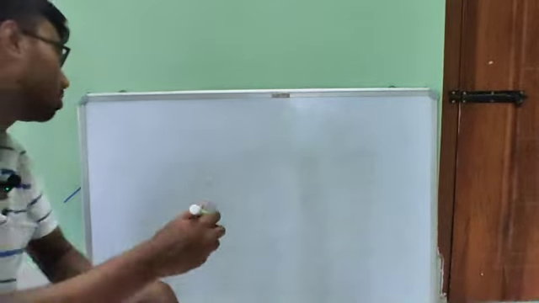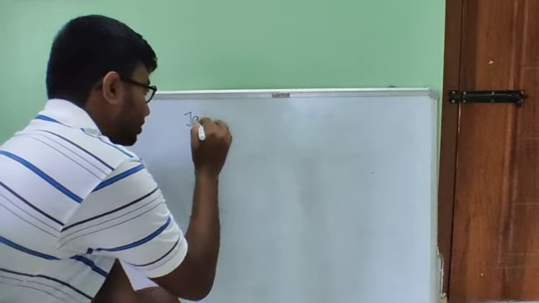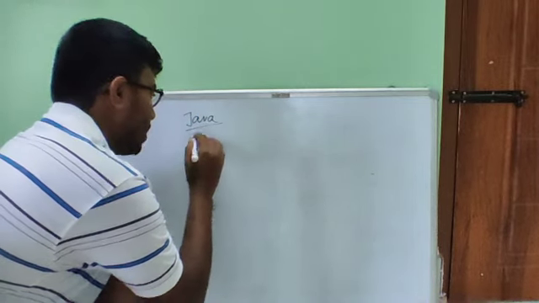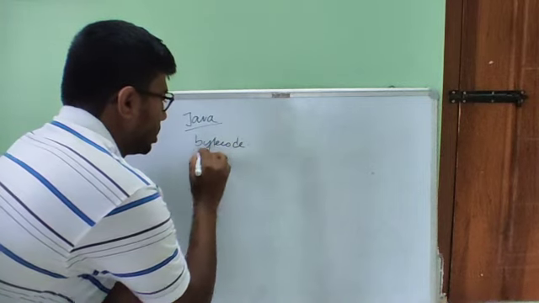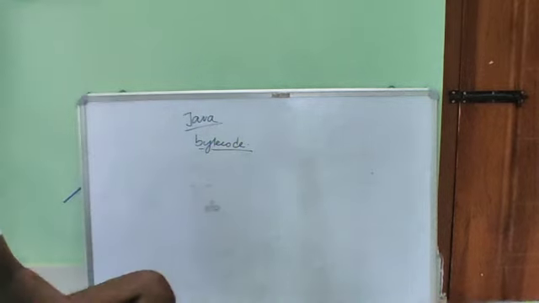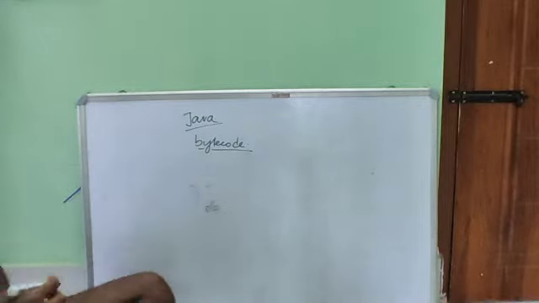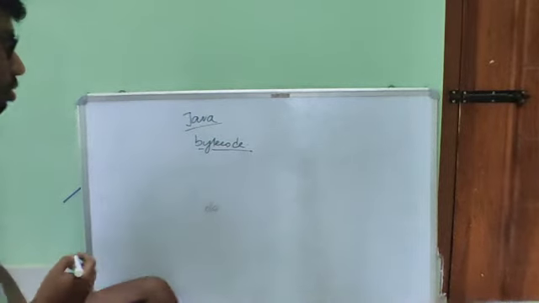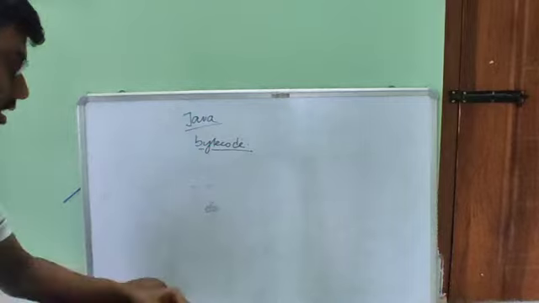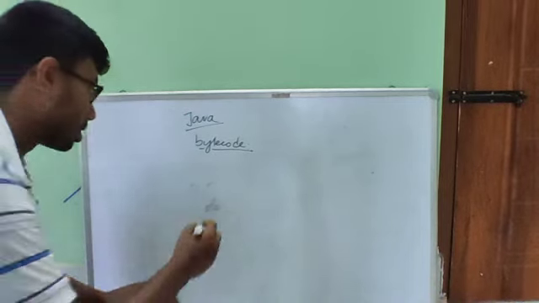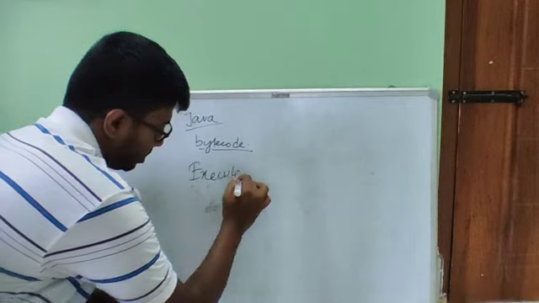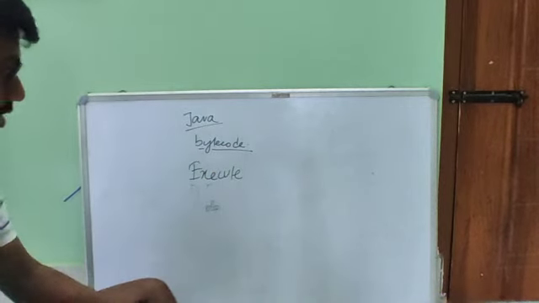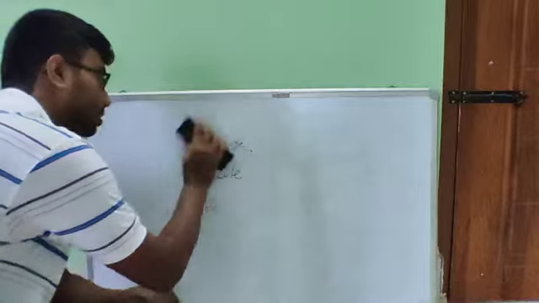So we have talked about Java bytecode, right? So we have compiled the program and bytecode is generated. Now we have to run the code, execute the code. So for executing the code, what do we have to do?